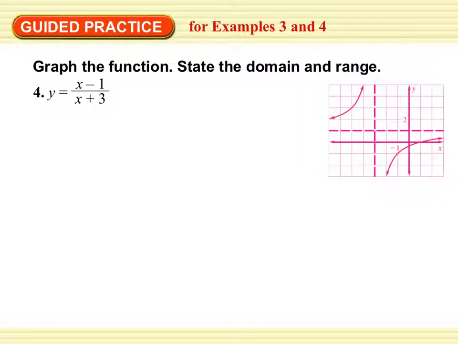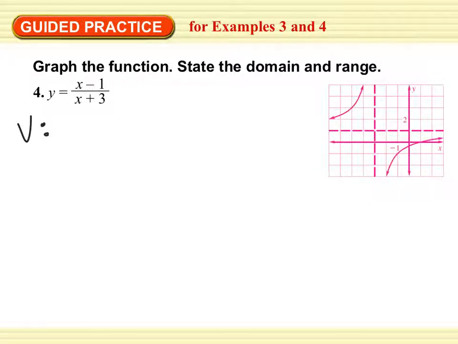All right, this example is a tad bit more difficult only because it doesn't have a leading negative, but it does graph in quadrants 2 and 4. I just utilized my graphing calculator to get the shape of it, but we can still find the vertical and horizontal asymptotes.